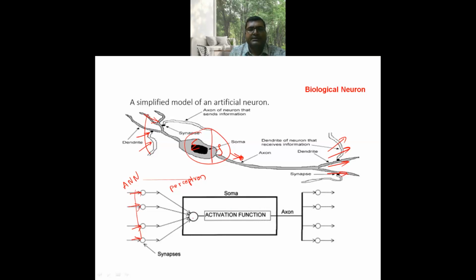Now here some summing operation will be done, and then some activation function will be applied, and based on the threshold the neuron fires, and the same will be forwarded to the other neurons. This is the basic structure of artificial neural network based on the analogy of biological neuron.